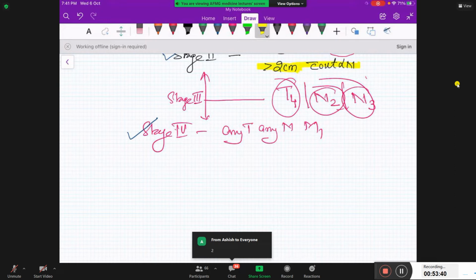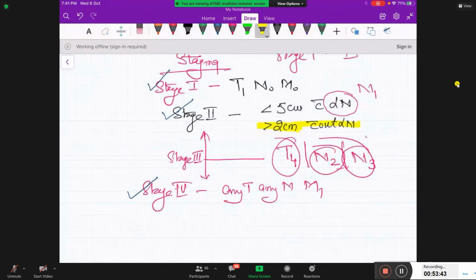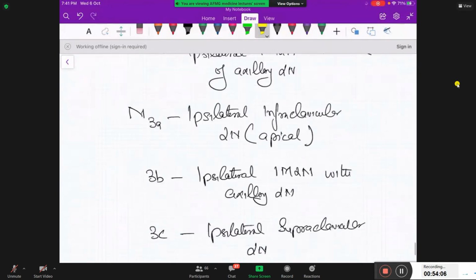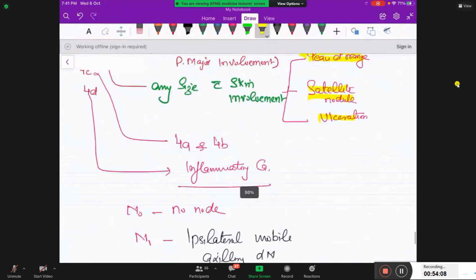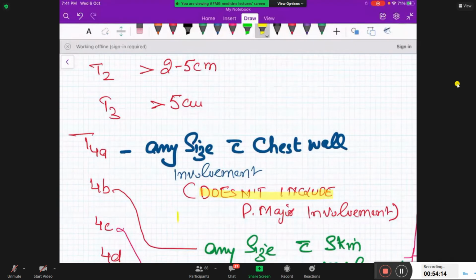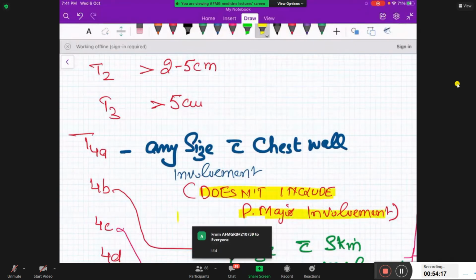देखो पहले सामने देखो क्या। 6 सेंटीमीटर लंप with invasion of pectoralis major muscle। T क्या है इसमें? T4A। T क्या है? T4 है। It is T3, N0, M0.